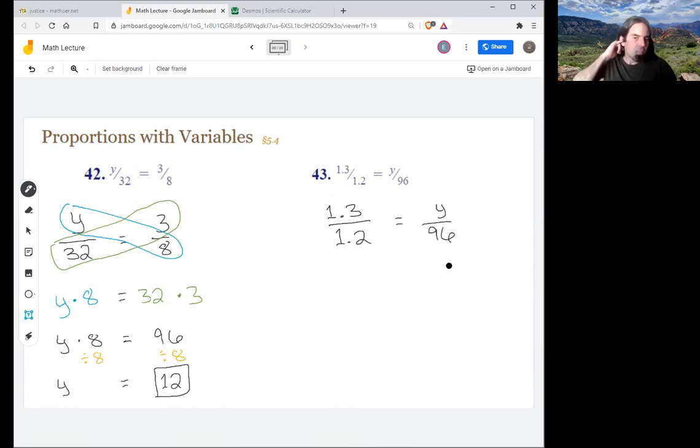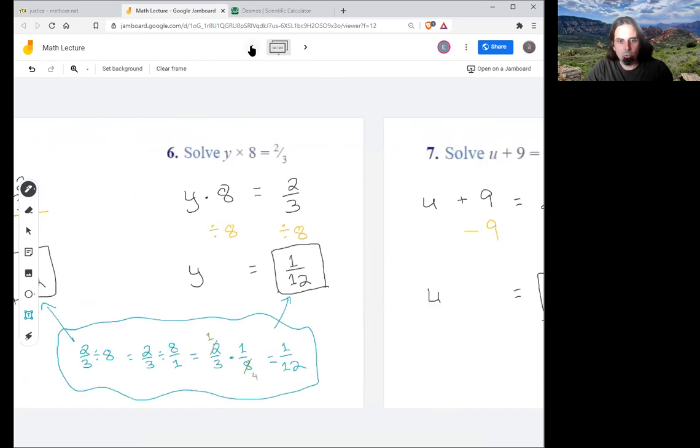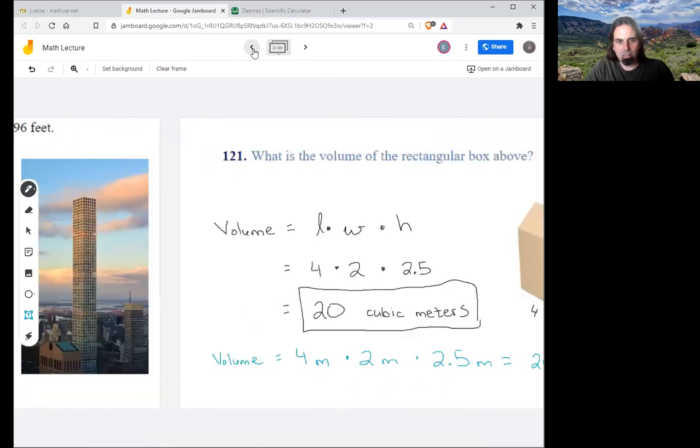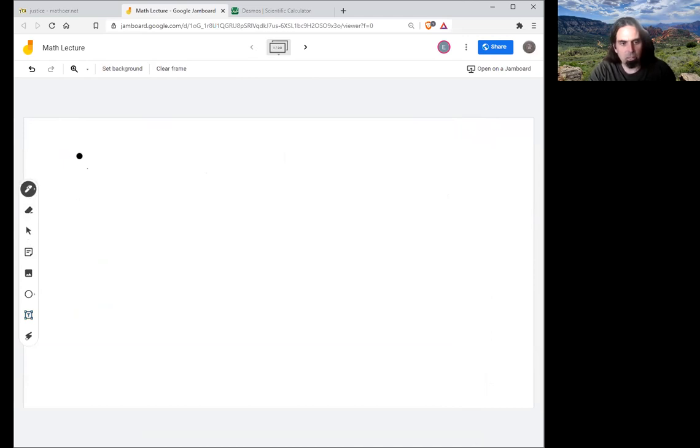So if I multiply two things, the order doesn't matter. Right? Let me go back to the beginning actually. A big theme from today was that multiplying two things, the order does not matter.